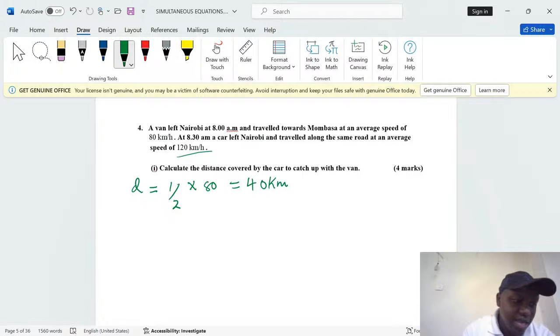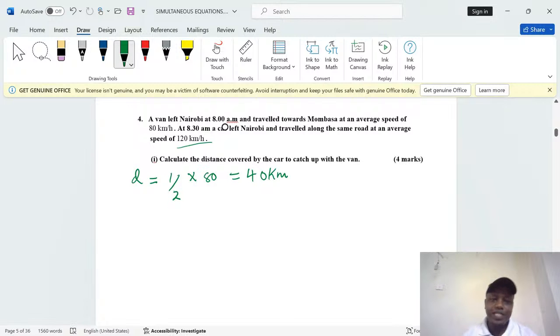That means there is a speed with which the car is approaching the van. If the van is moving at 80 kilometers per hour, and the car is approaching it at 120, there is an approaching speed, which will be the difference between the two speeds. When vehicles or whatever particles are in motion going in the same direction, their relative speed is usually the difference.